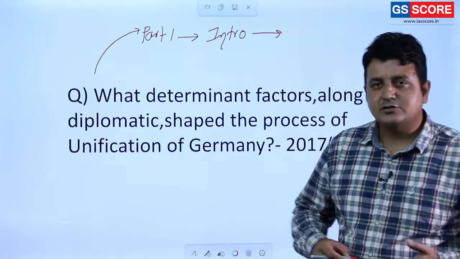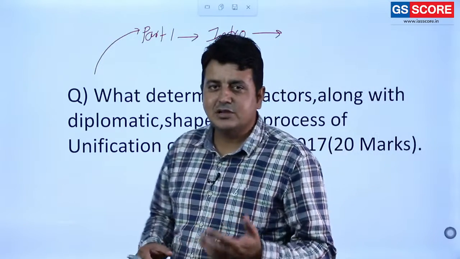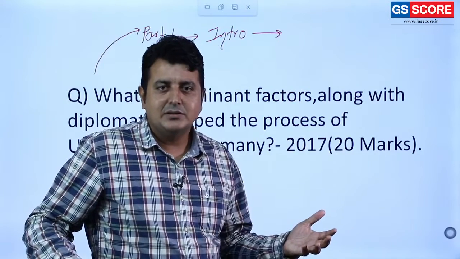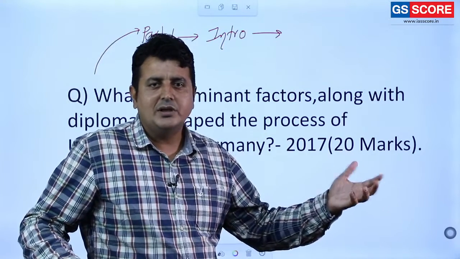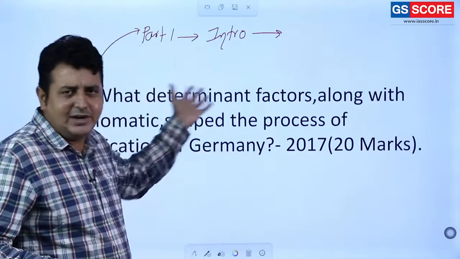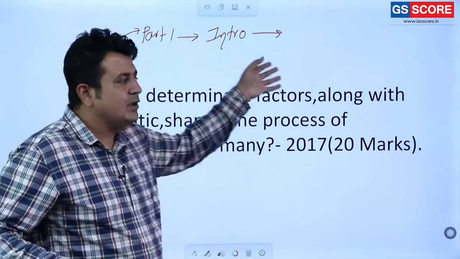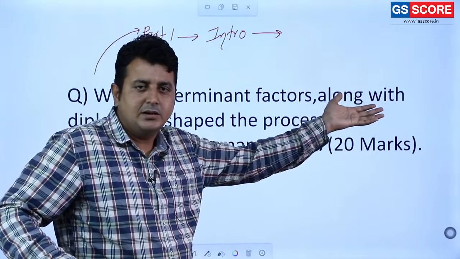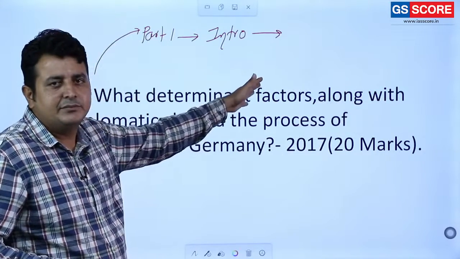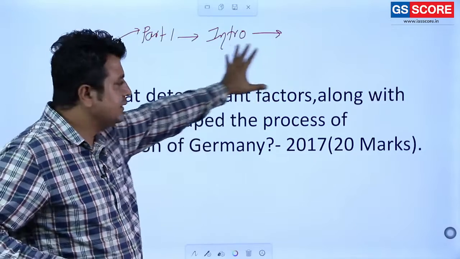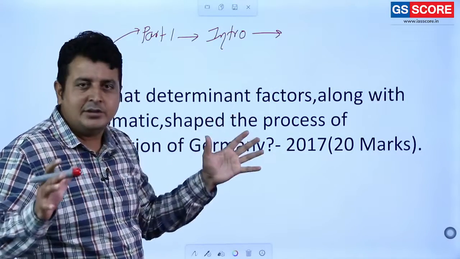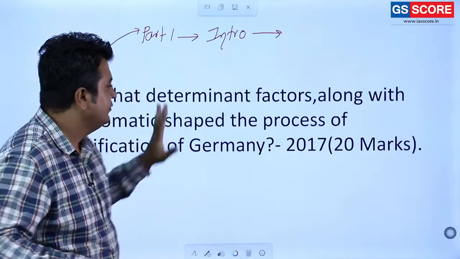Several factors played an important role, such as cultural, diplomatic, Napoleon and all. You can write that. They all played an important role in the process of unification. Clear? So it should be a normal introduction. Nothing extra in that. A very simple introduction.